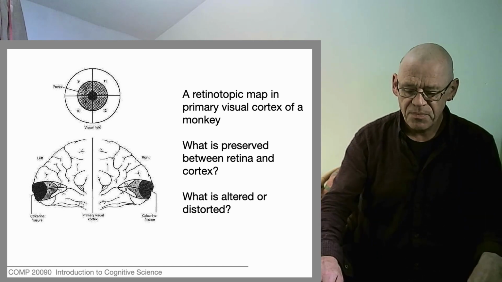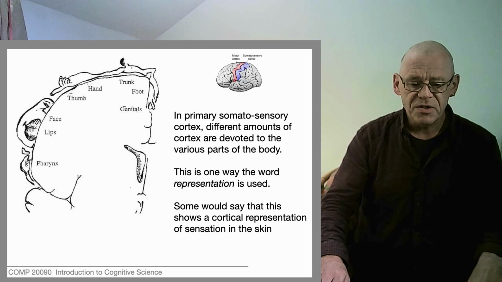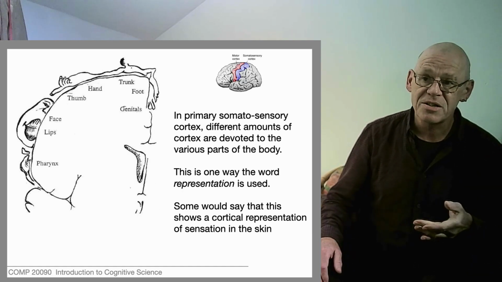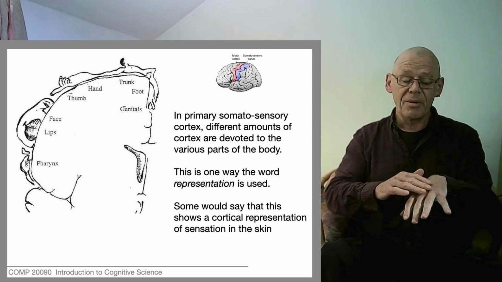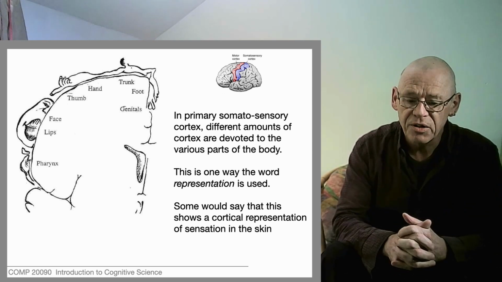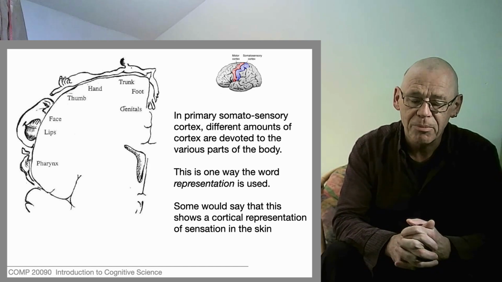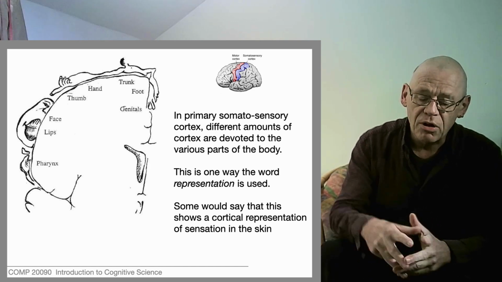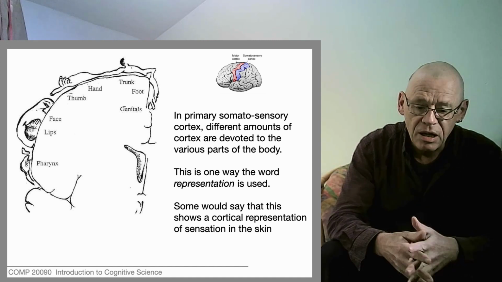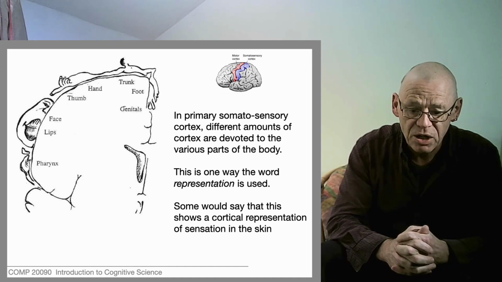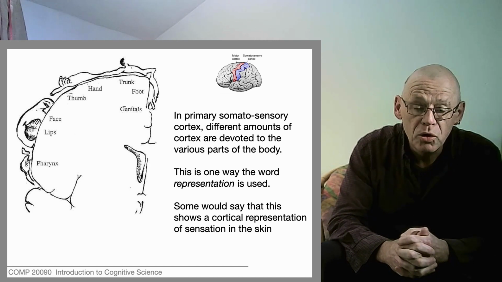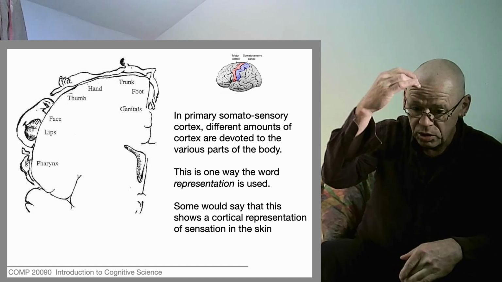So that's vision. Now if we turn to the sense of touch, and we're going to treat touch as if it were a simple sense here now, we're only talking about light touch felt on the skin. We met some complexities last time. Here we're looking at a cross-section through the brain in the primary somatosensory cortex. Up in the top right of the screen, that's that blue fold on the brain.